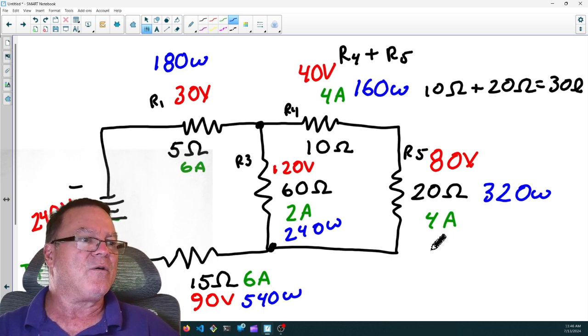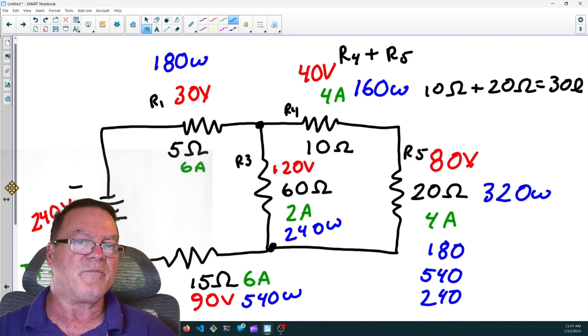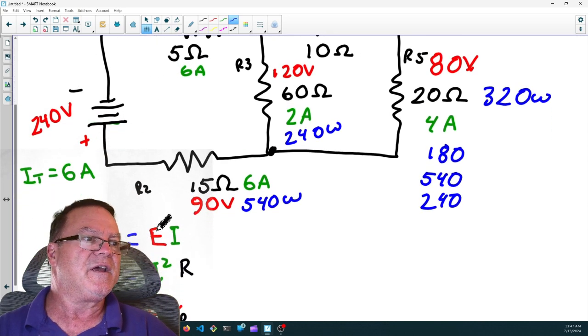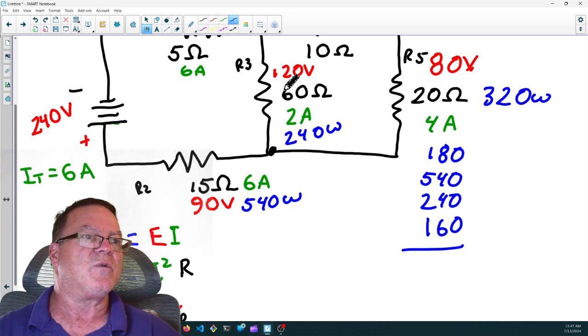So I'm going to add all these together. I have 180 and 540 and 240. Bring my page down. And 160 and 320. Oops, I didn't put my 320. Excuse me.